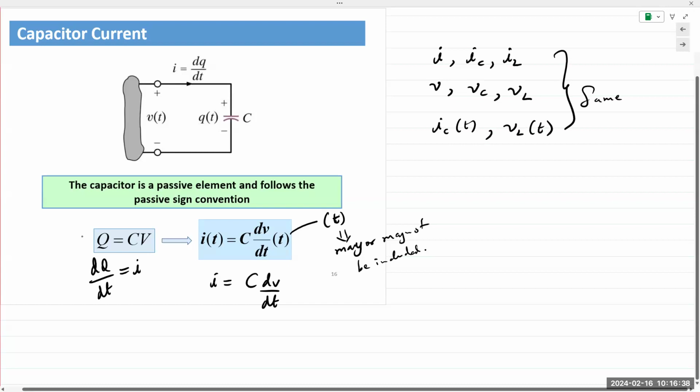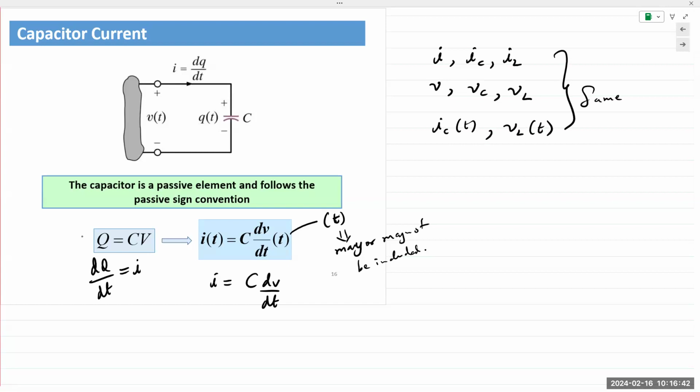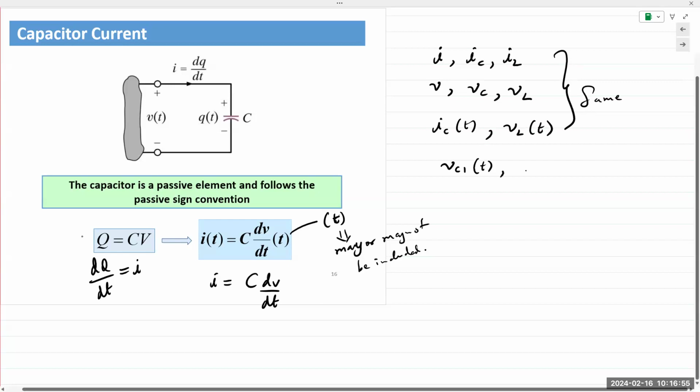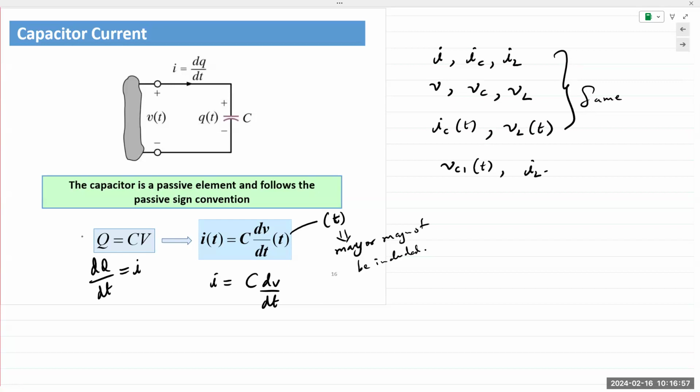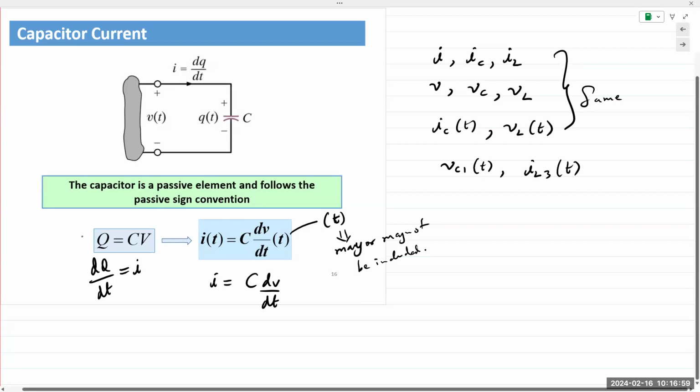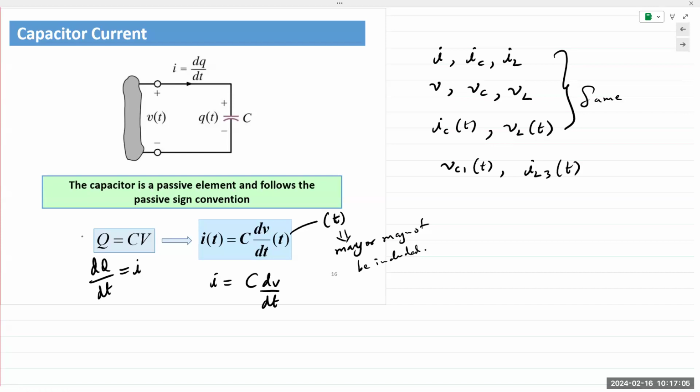The subscript might change depending on the circuit, depending on how many components you have. If you have multiple capacitors or multiple inductors in the circuit, you would go C1, C2, C3, and so forth. So, for example, this might be VC1 of t or IL3 of t, which simply refers to inductor 3, L3, or capacitor 2, C2, or 1.